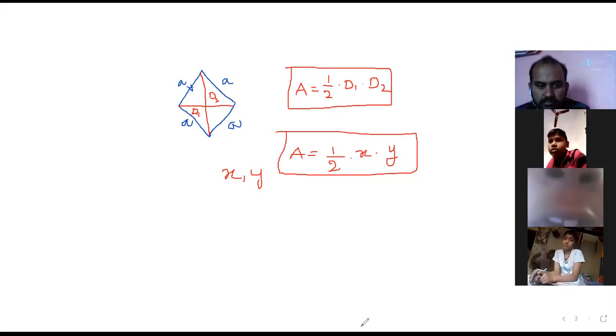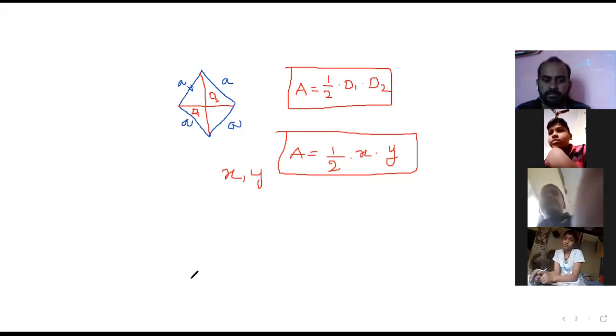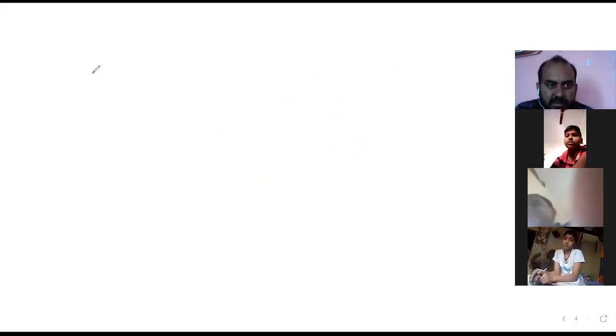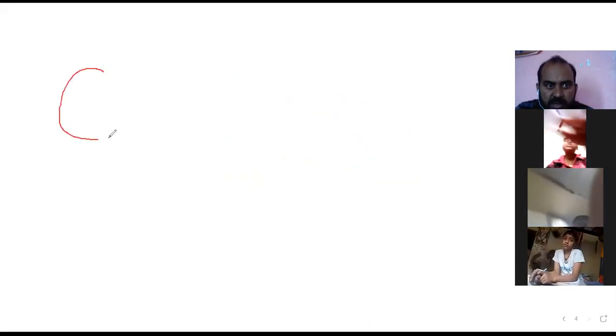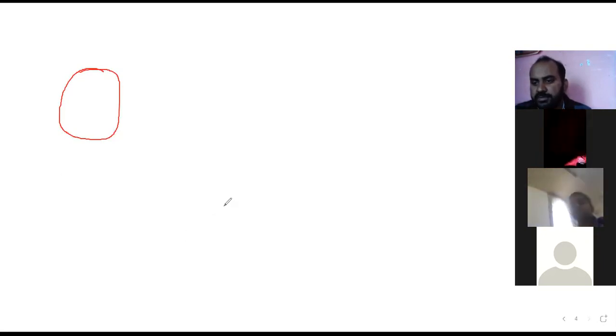Can you say the sphere area formula? Yeah, see, the other diagram is what? Sphere. A sphere is like a ball shape.